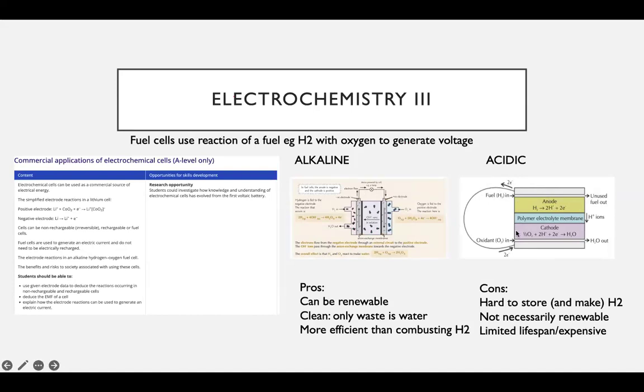And those electrons flow around the circuit and they're used for the reduction reaction at the cathode to generate water. Alkaline is the same thing, just different sets of reactions. So they're basically a way of generating electricity in a fairly renewable, clean way, is the takeaway for that. And as it says here, fuel cells use reaction of a fuel like hydrogen with oxygen to generate a voltage.